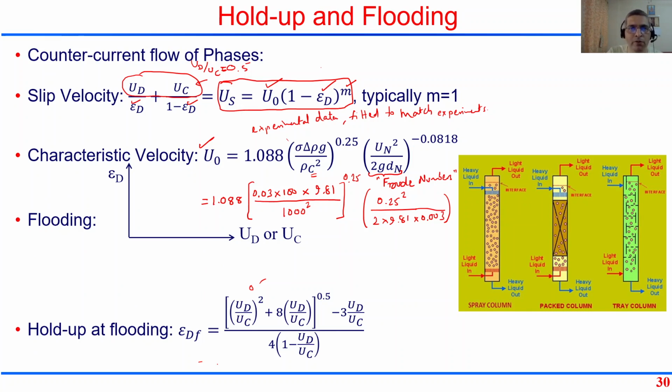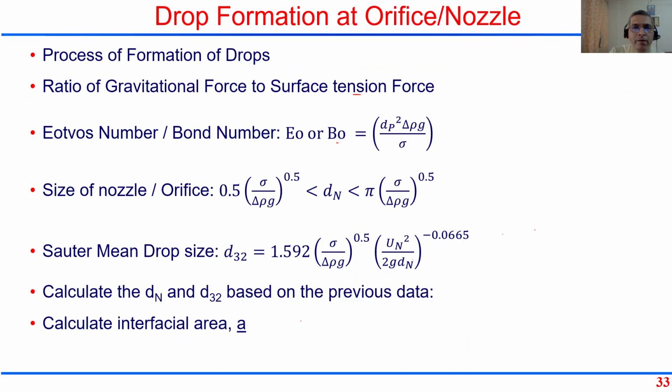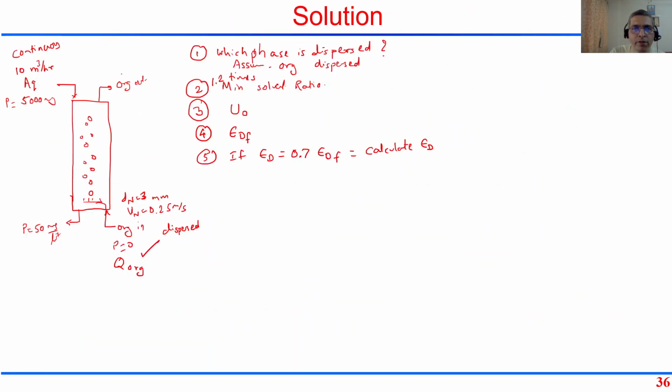And then once you know the epsilon d that you want, once you know the u0 that you have got based on the physical properties, based on the nozzle velocity and so on, you can calculate ud by uc ratio also. So ud by uc is now the same as Q of organic divided by Q of aqueous.